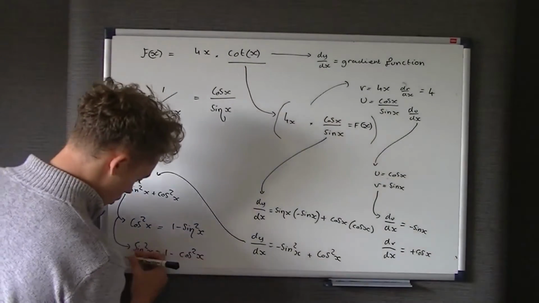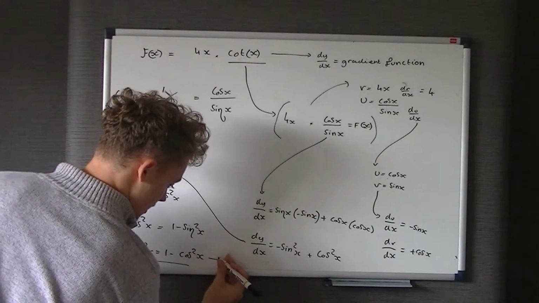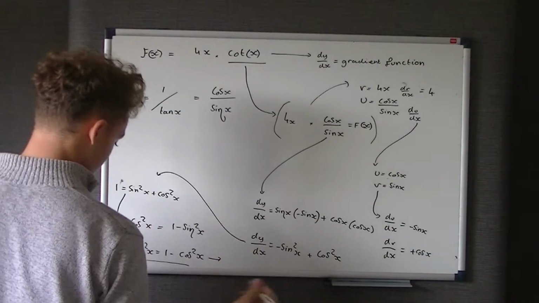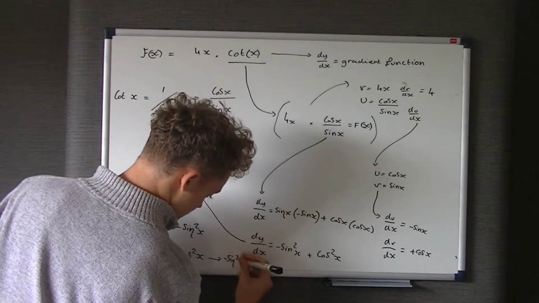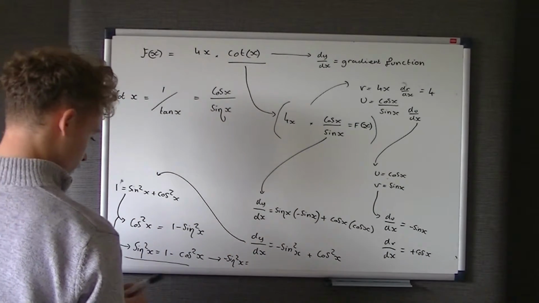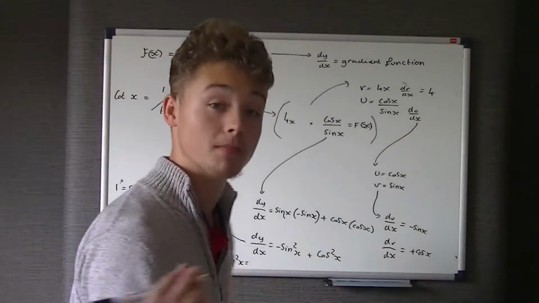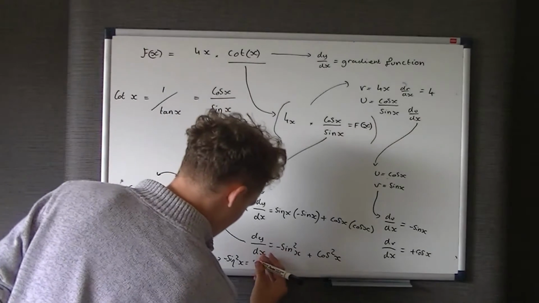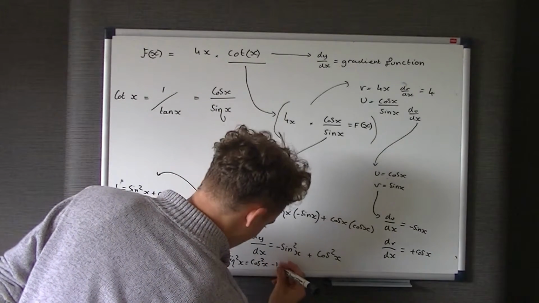The only problem with this one is that positive sine squared x is 1 take cos squared x, so we simply multiply both sides by minus 1. So minus sine squared x equals minus 1 plus cos squared x, so we could simply write cos squared x take 1.